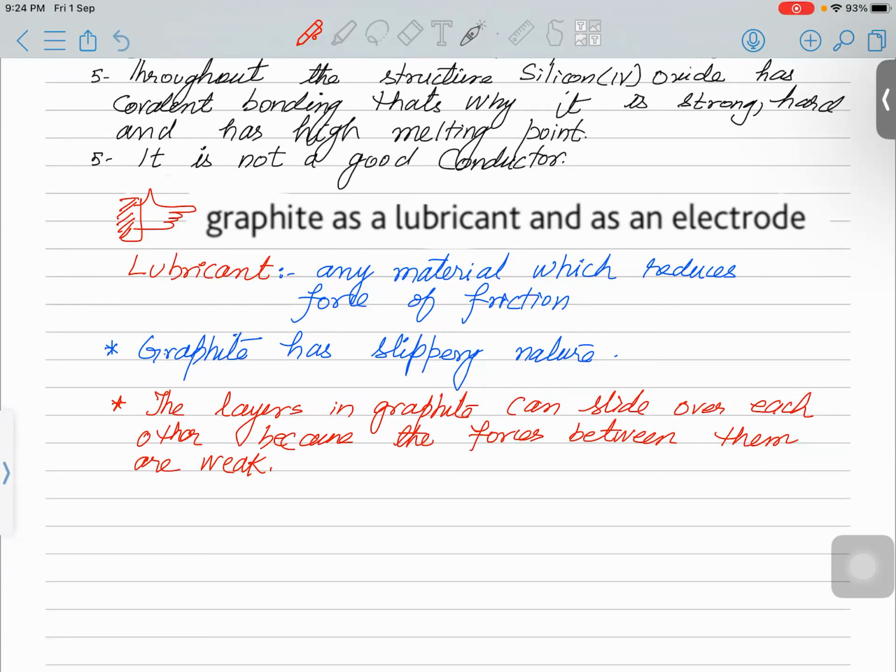The layers in graphite can slide over each other because the forces between them are weak. So they can move easily from one place to another, making graphite a good conductor of electricity.